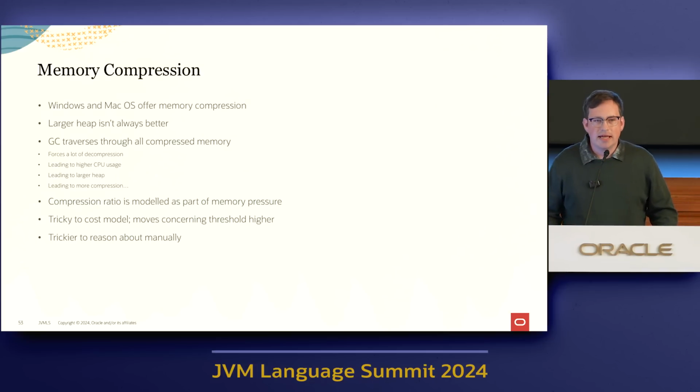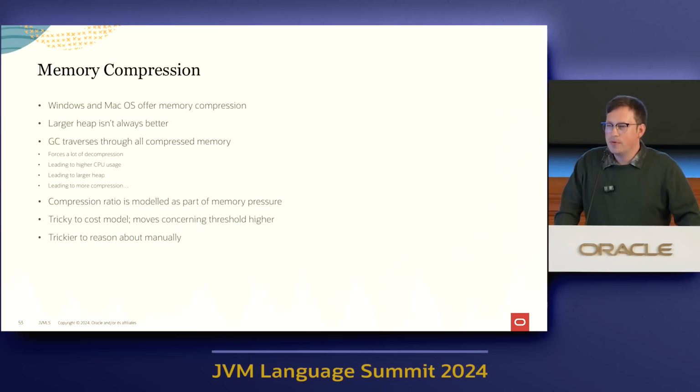We ran into some interesting interaction with Mac OS and Windows, where it turns out on Mac OS that there is a system that compresses memory, sort of like swapping, and this interacted quite poorly with this, because it's one of these situations where the assumption that a larger heap is going to perform better isn't always true. Because with a garbage collected system, when you start compressing memory, the garbage collector walking through all of this memory needs to decompress all of this memory, which makes GC more expensive.